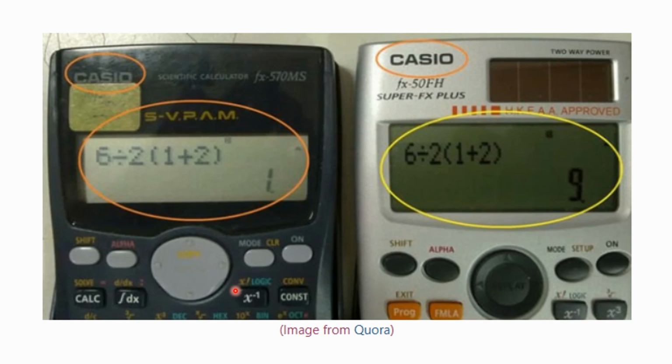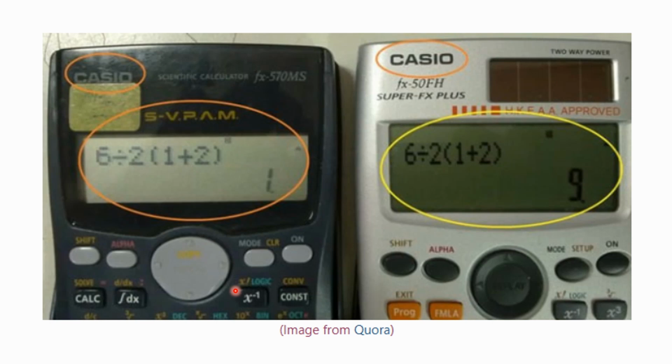Now, I will say scientific calculators do not always agree as well when it comes to implicit multiplication. And here's a pretty famous image off of Quora where someone used a Casio scientific calculator, the FX570MS, and it solved this viral problem, 6 divided by 2 times the quantity 1 plus 2 in parentheses.